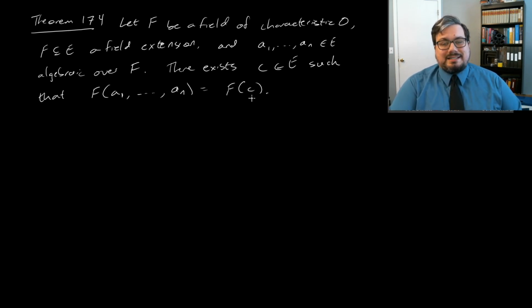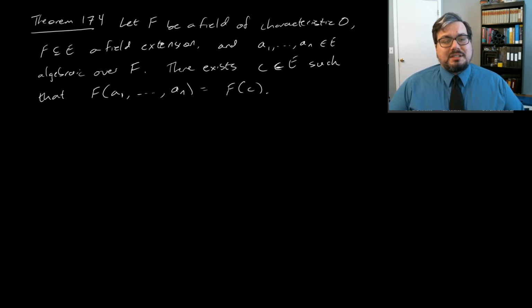So this says that it doesn't just work for two things, it works for any finite number of algebraic elements, and you can always find a single element that gives you the same field as the smallest one containing F and a whole finite collection of them.